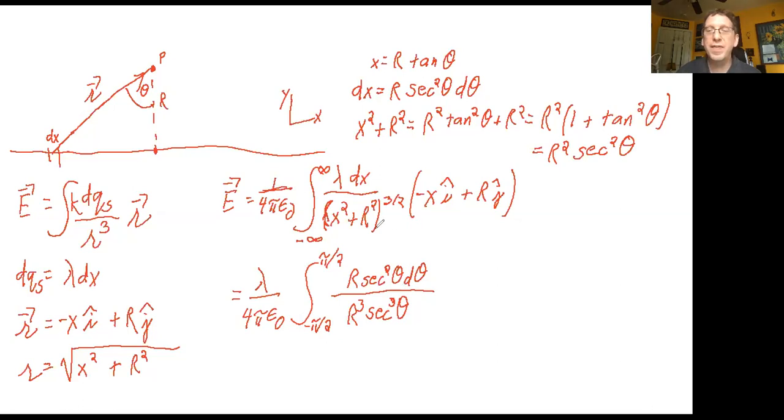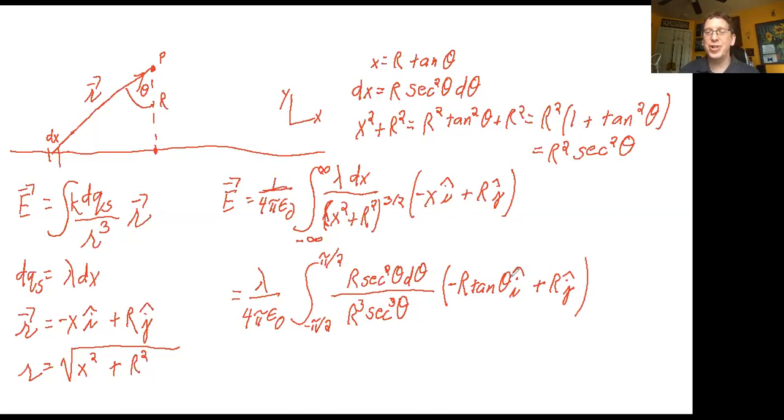And then we have negative R tangent theta i hat plus R j hat. Now here we're going to do something a little bit tricky.